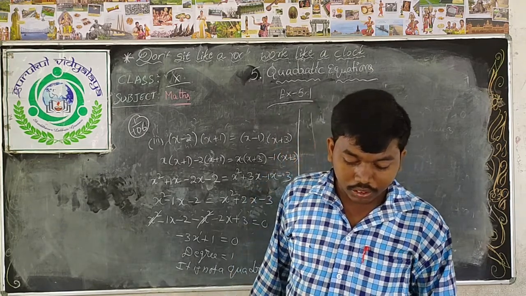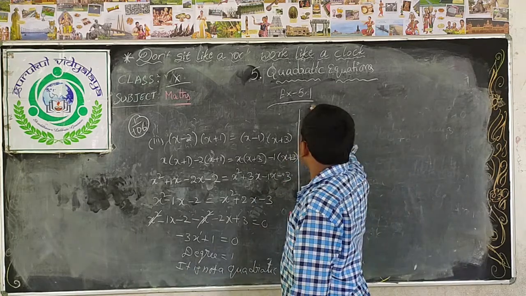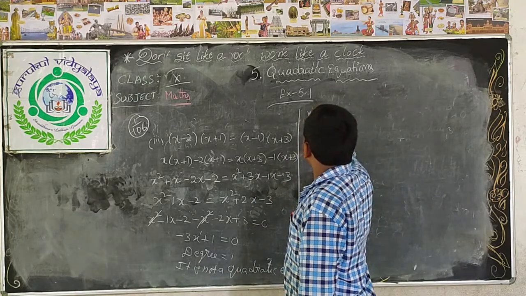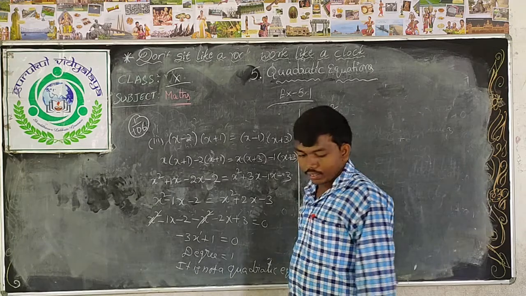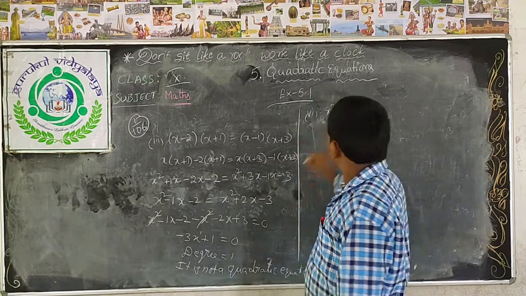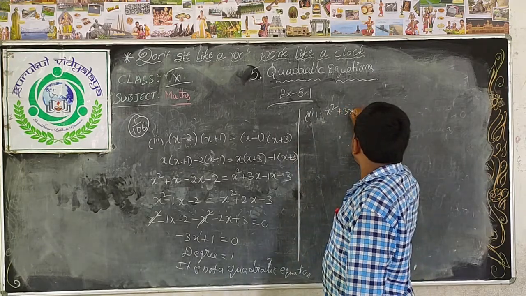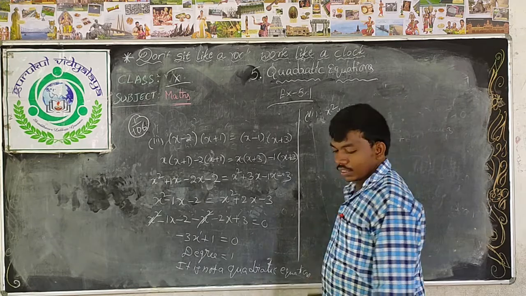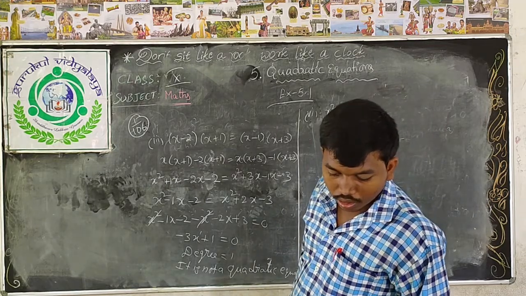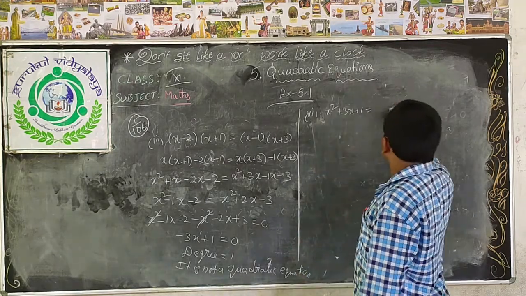See, children, sixth one. x square plus 3x plus 1 is equal to x minus 2 whole square.